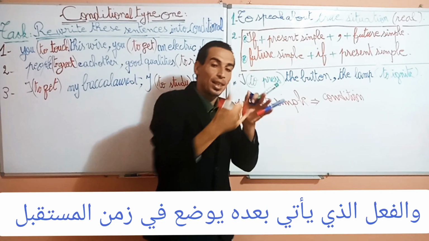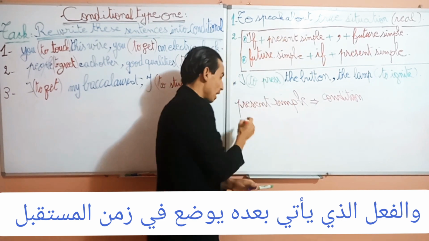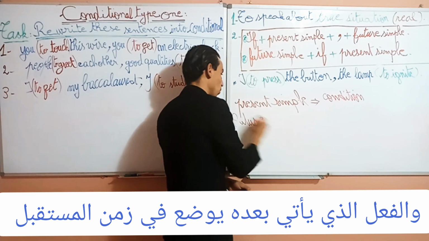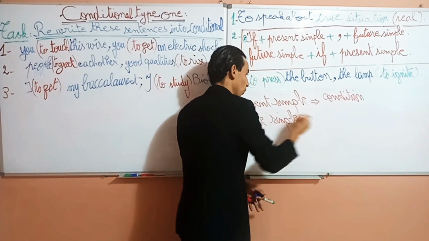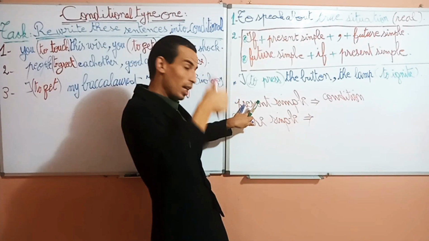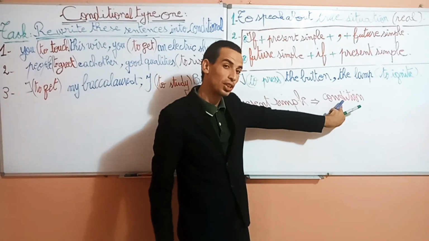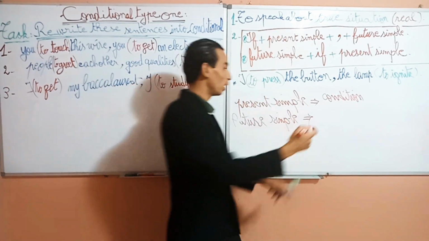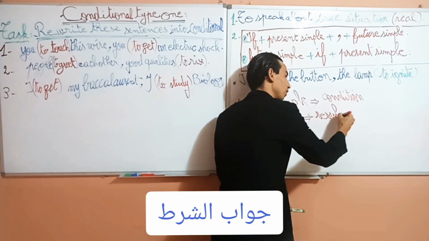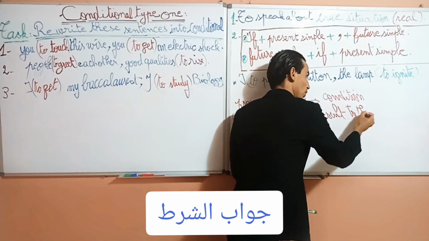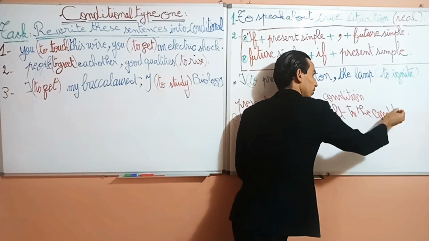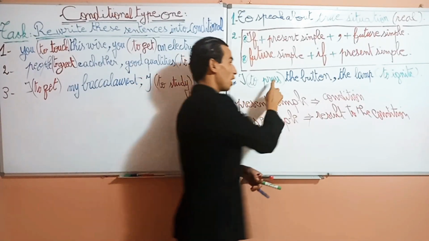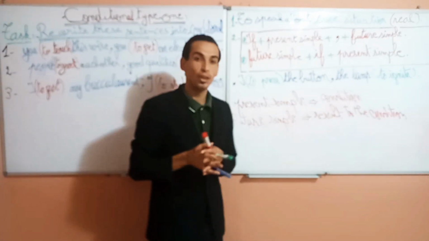And the verb that comes after is put in future simple. The verb number one is the present simple and it is condition. Verb number two is put in future simple and it is result to the condition. Result to the condition.